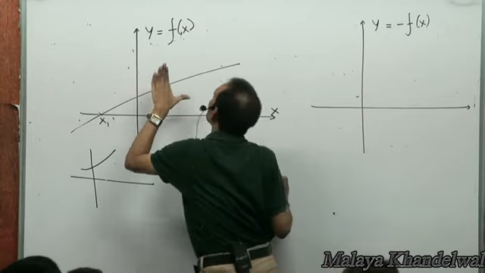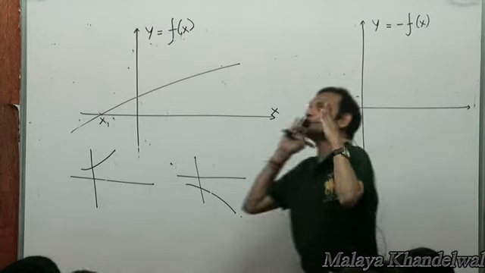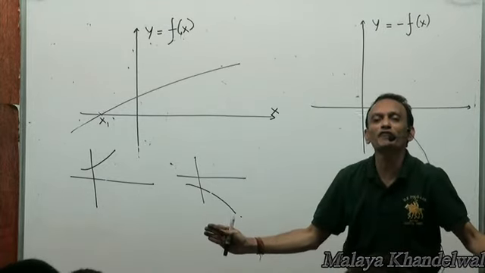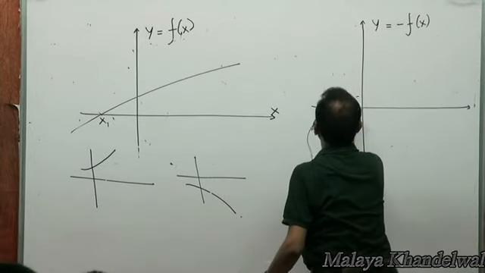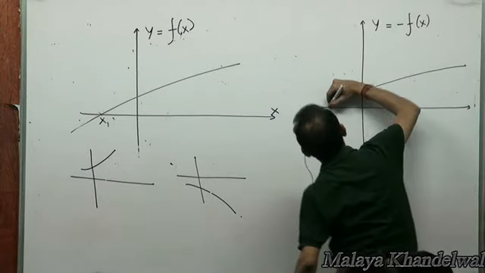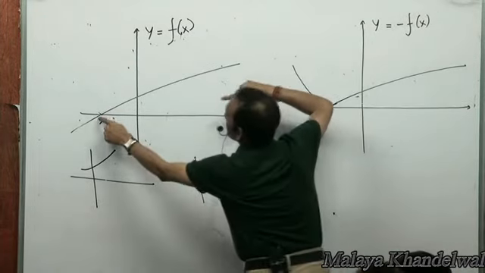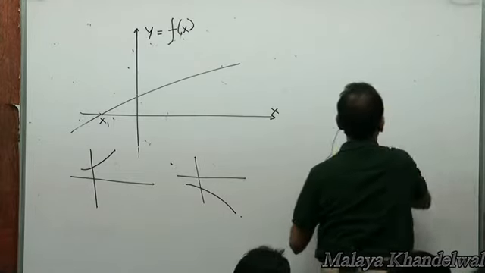So, if you have to go from y equal to f(x) to y equal to minus f(x), what would you do? You will create a mirror image of the graph of f(x) about the x-axis. I'm so sorry, I'll just redraw this.